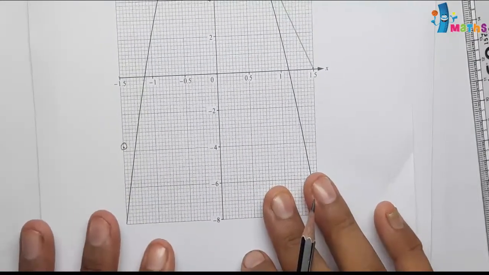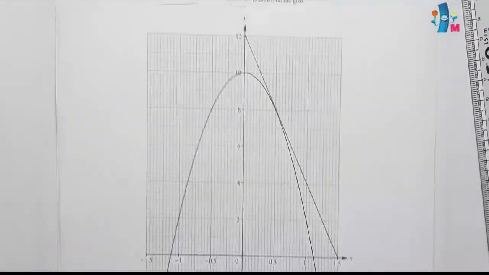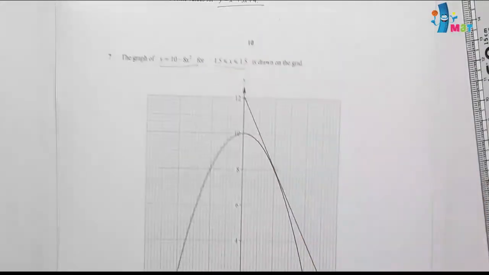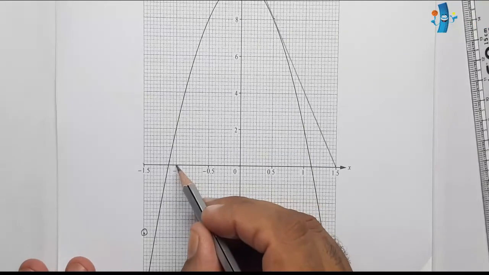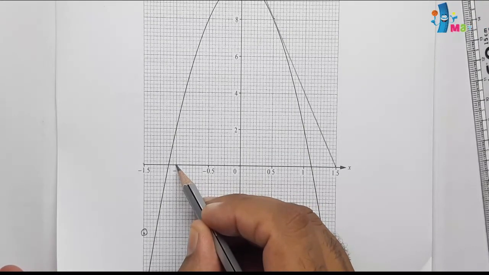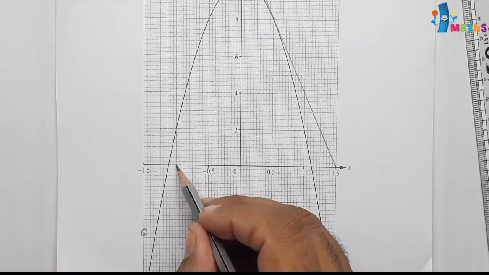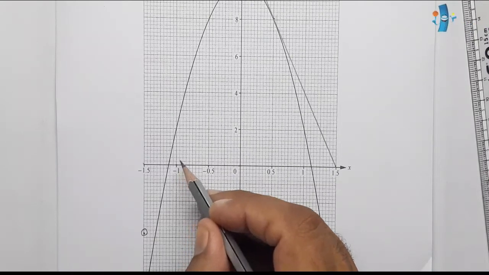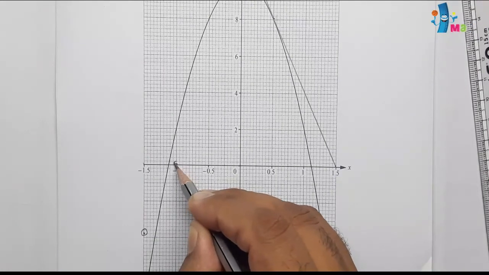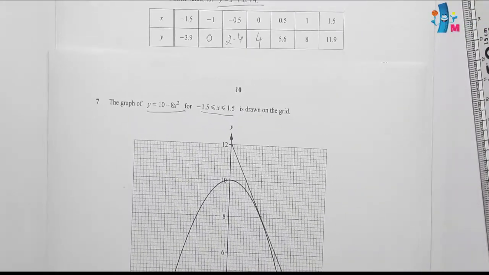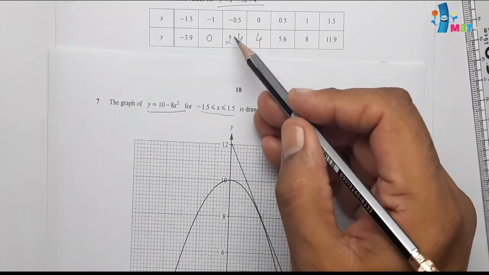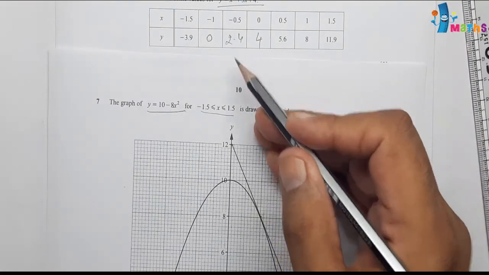Then the second pair is minus 1 and 0. So minus 1 and 0 will be this point, so I will circle this as well. You can even put a cross. So the third point is minus 0.5 and 2.4.